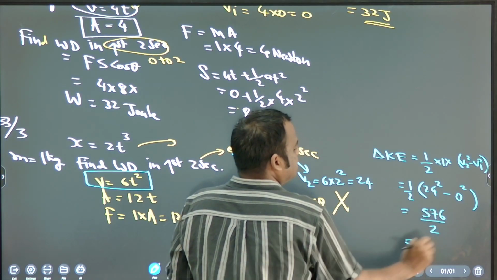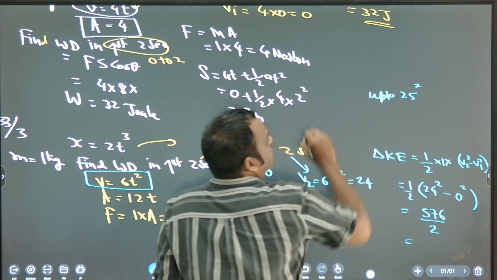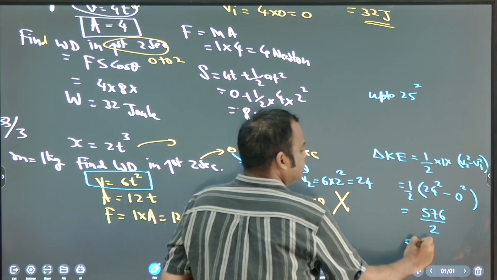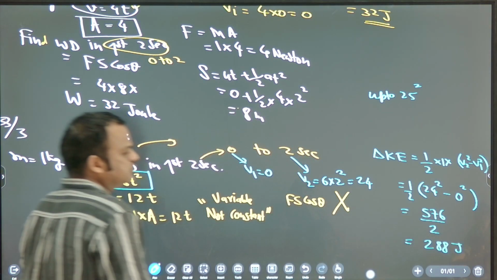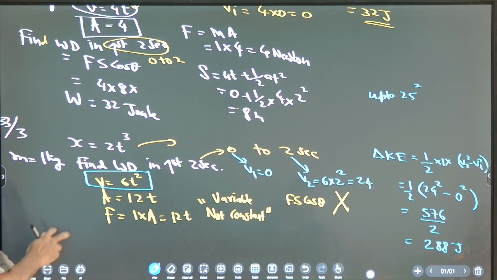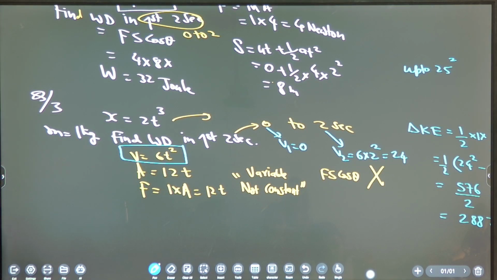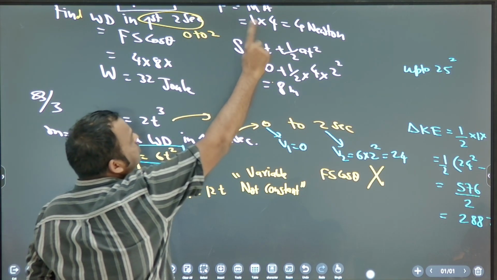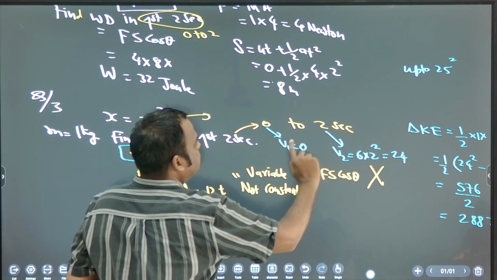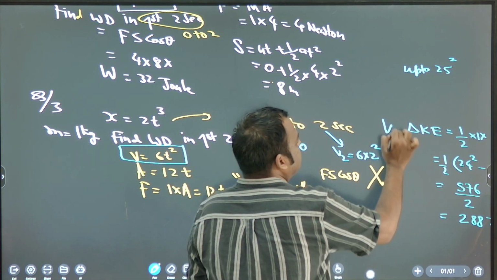Up to 25 square you memorize. Remember. So 288. Correct. 288 joules. So this is the case. Clear. So whether force is constant or variable, this is always possible. Always you can use.